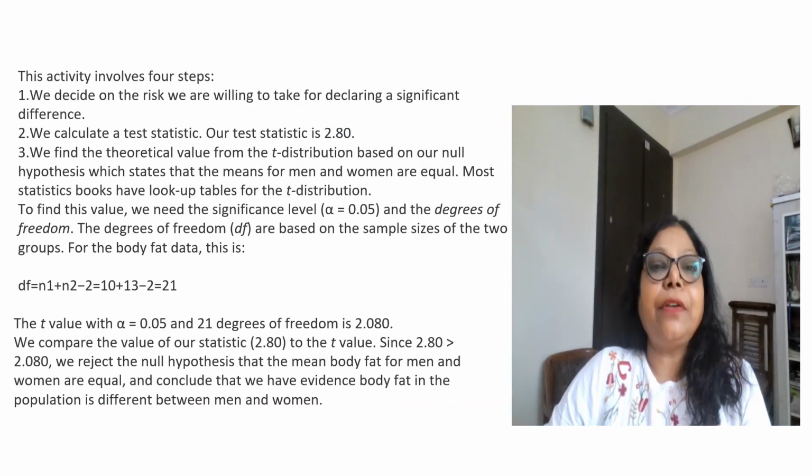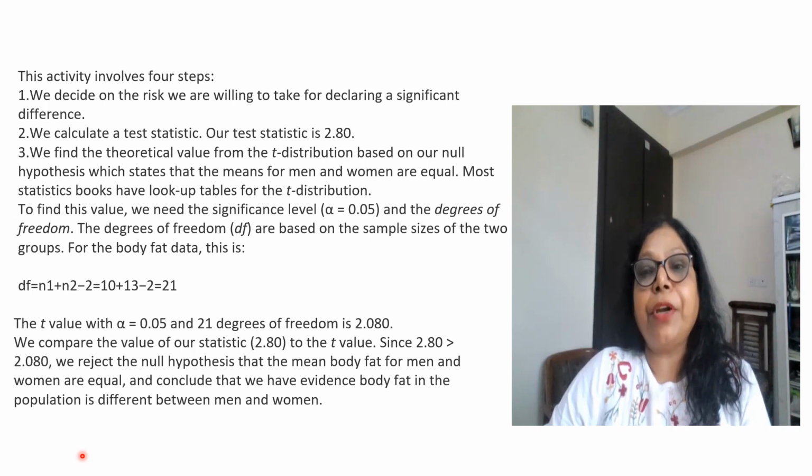To evaluate the difference between the means in order to make a decision about our gym programs, we compare the test statistic to a theoretical value from the t distribution. Now this activity involves four steps. First step, we decide on the risk we are willing to take for declaring a significant difference.